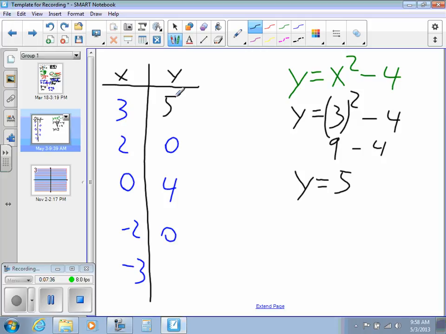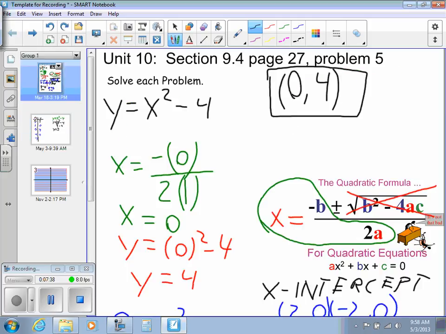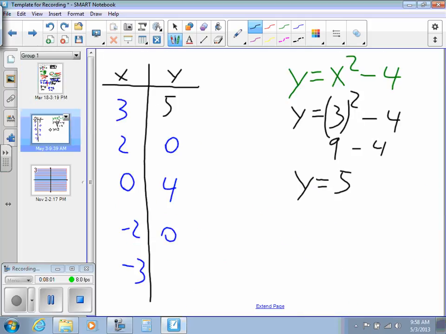Something's wrong. I see my mistake. Same mistake a lot of you guys make. I lost a negative sign. My vertex isn't at 0, 4, it's at 0, -4. I lost this negative sign right here. So let me fix it over here.